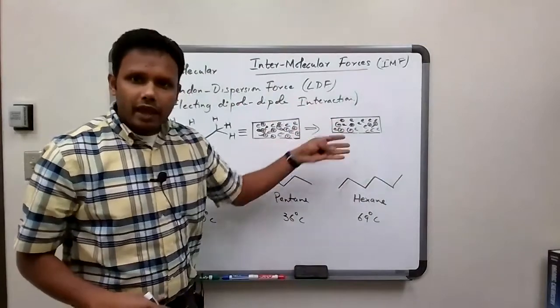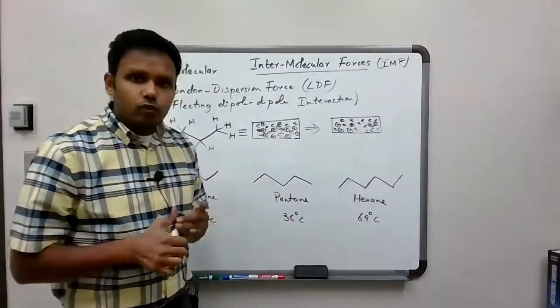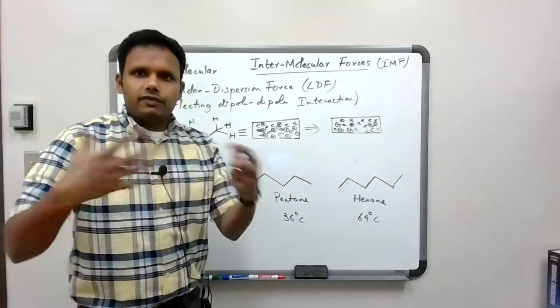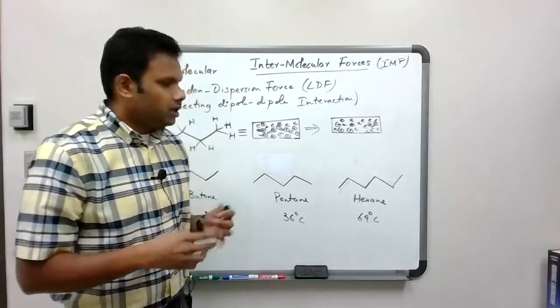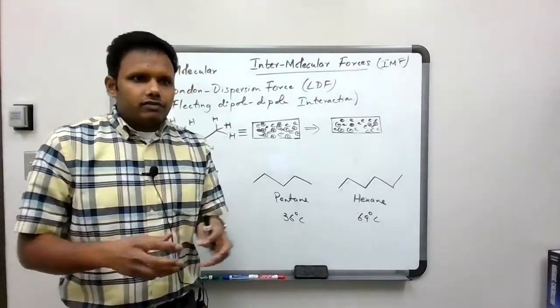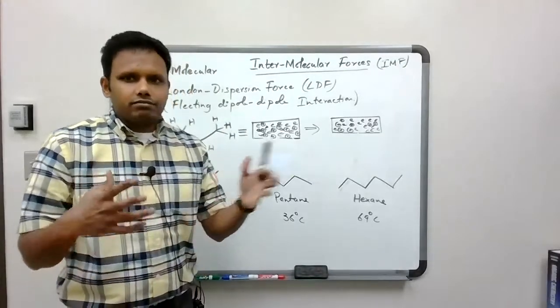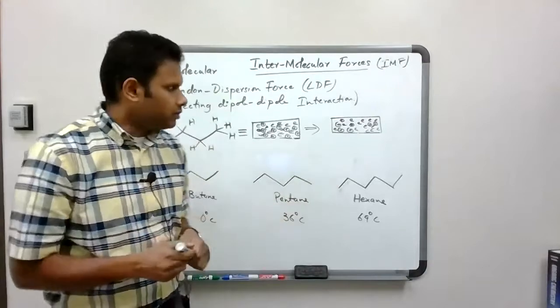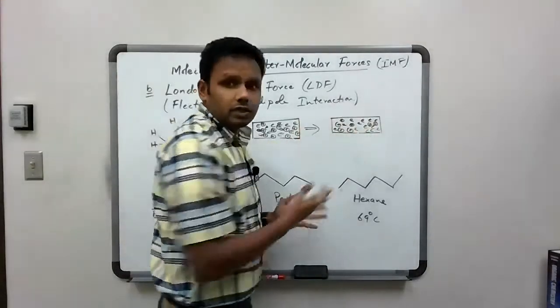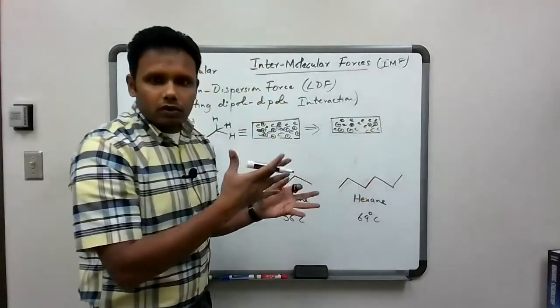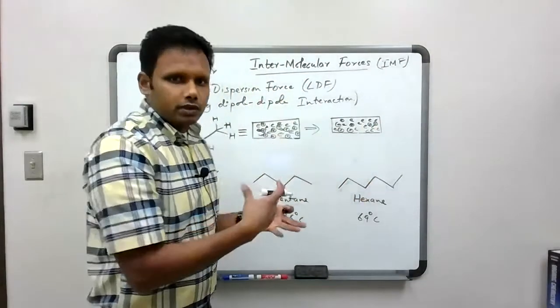When this happens, and this is something very transient, something fleeting in time, it might happen for a very small fraction of a second. We're talking about nanoseconds, femtoseconds. Very transiently, electrons all aggregate on one side.